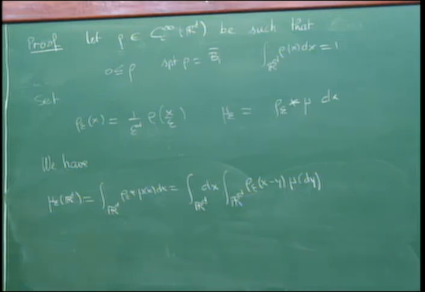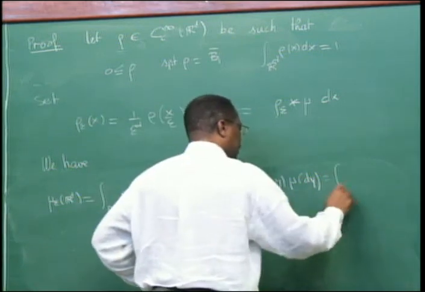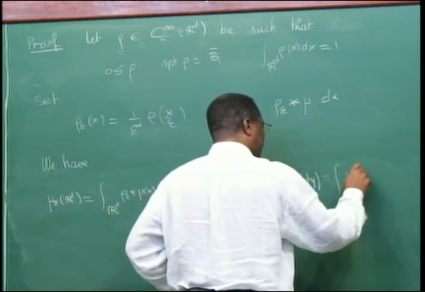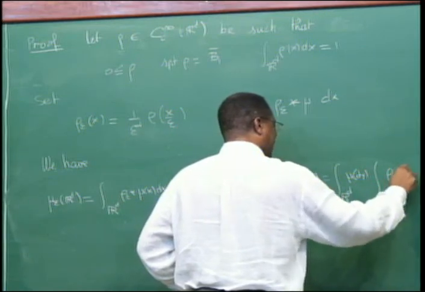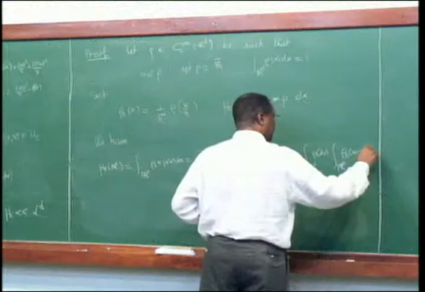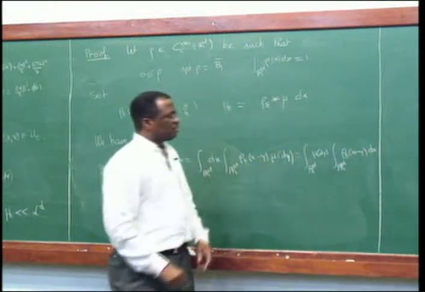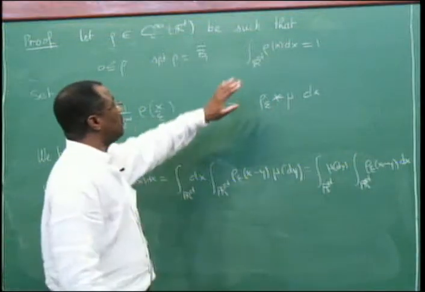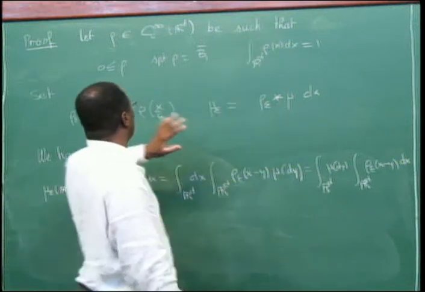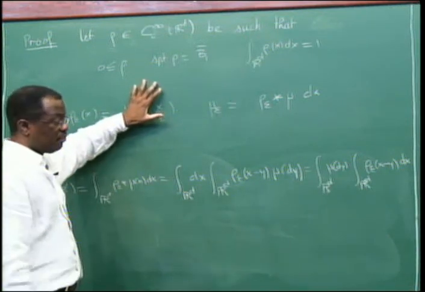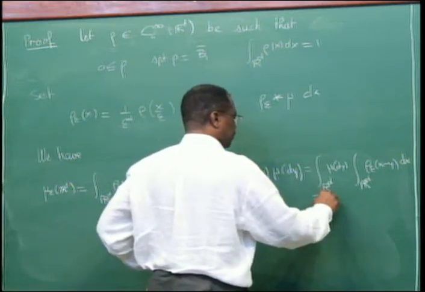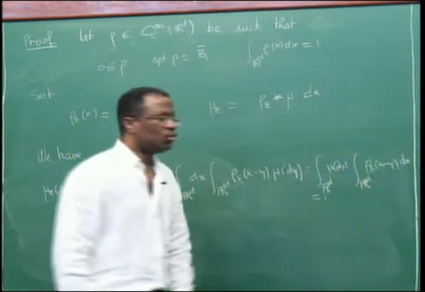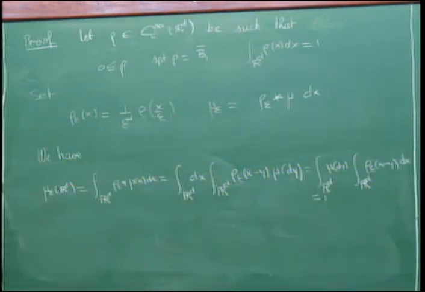Now I use Fubini. This is the integral over Rd d mu of y, the integral over Rd rho epsilon of x minus y dx. But because rho epsilon is a probability density, this integral is 1. And so I am left with the integral of d mu, and the integral of d mu is 1.